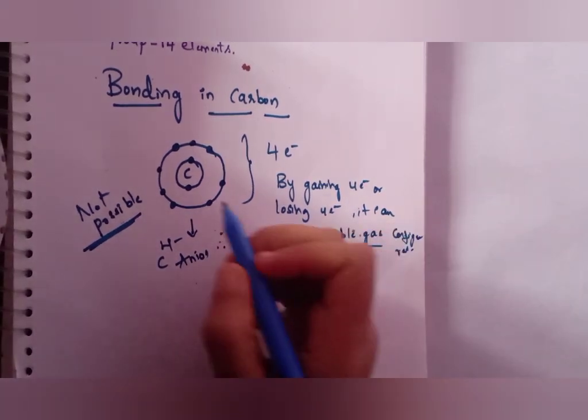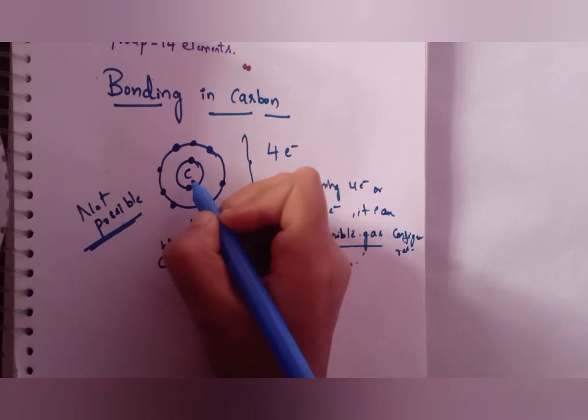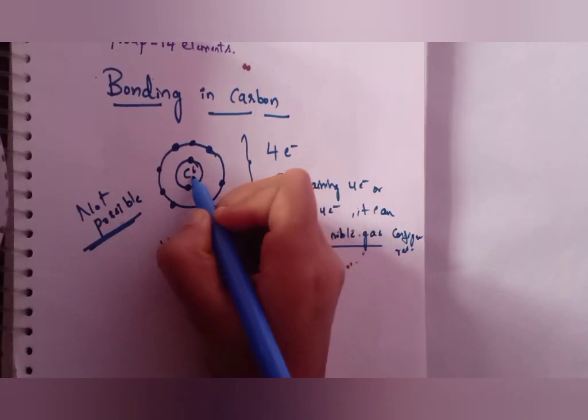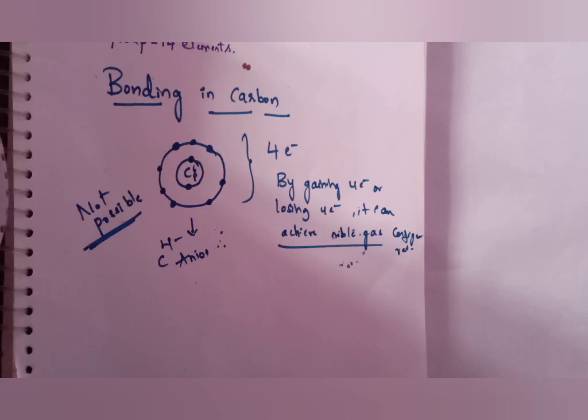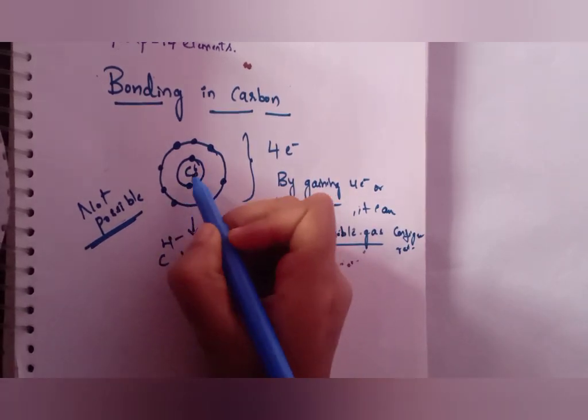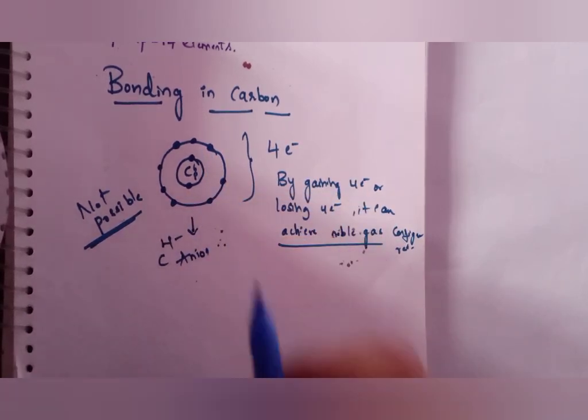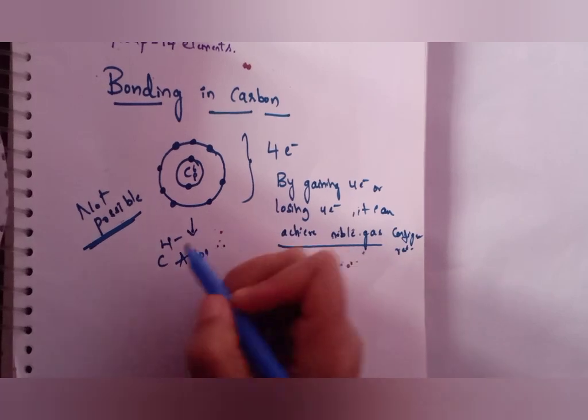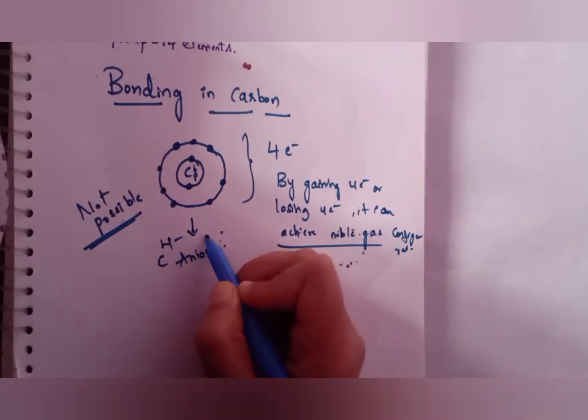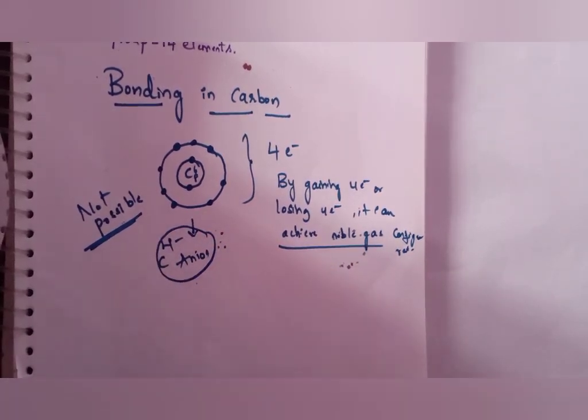But we know that in the nucleus of a carbon, it is having 6 protons. It will be difficult for the nucleus with 6 protons to hold on to 10 electrons. So that is why this C4 minus anion is not possible.